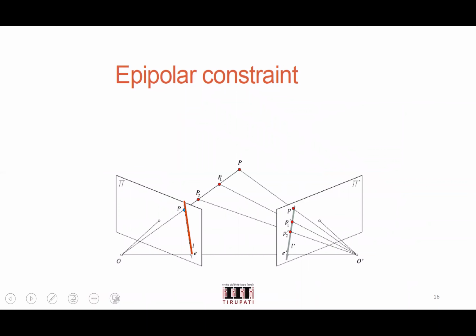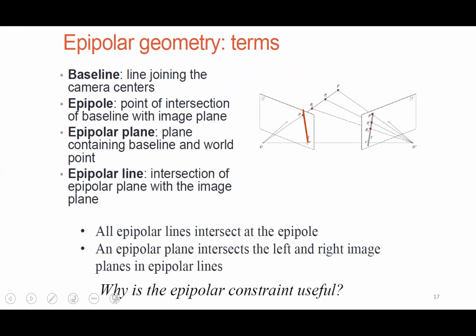So the message here is, if you want to find correspondences for the points on this line, you simply look at points on this line, and vice versa. These two lines are called epipolar lines, and this plane connecting the centers of projection and the world points that you are looking at is called the epipolar plane.